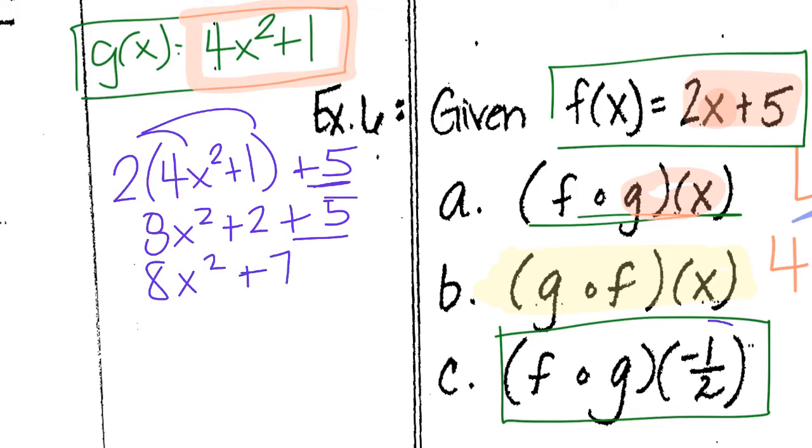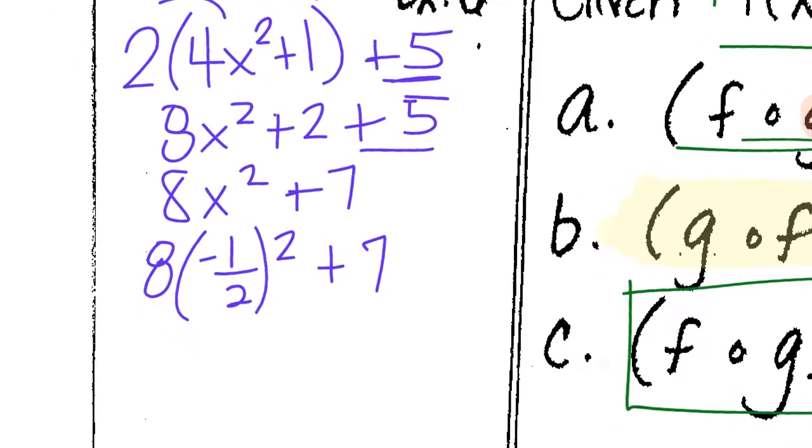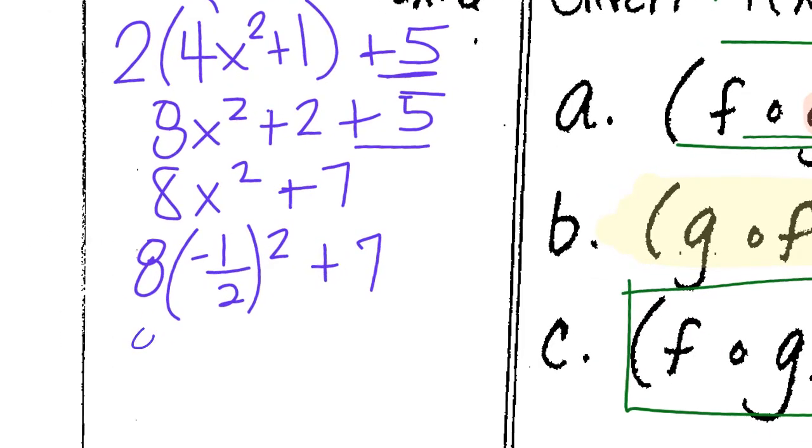Now, instead of putting in x, what are we going to put in? Good, negative 1/2. 8 times negative 1/2 quantity squared plus 7. So that becomes 8 times, well, negative 1 squared is 1, 2 squared is 4.